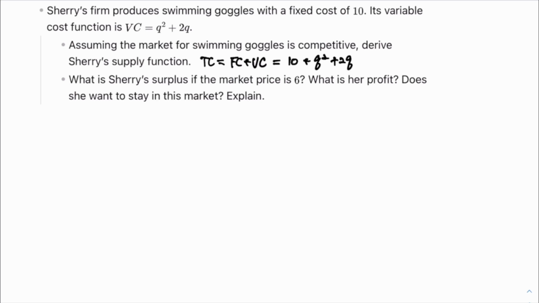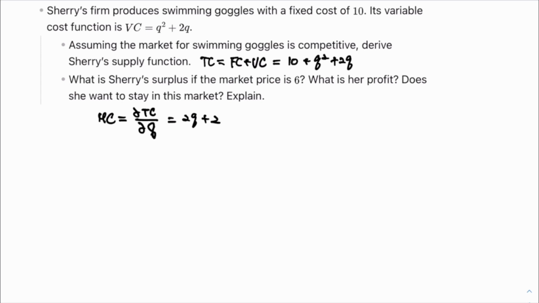So the total cost function TC is like this. And then marginal cost is the derivative of total cost with respect to q. So we take the derivative, and that is 2q plus 2. This is the composition, or some part, of the supply curve we can think of.